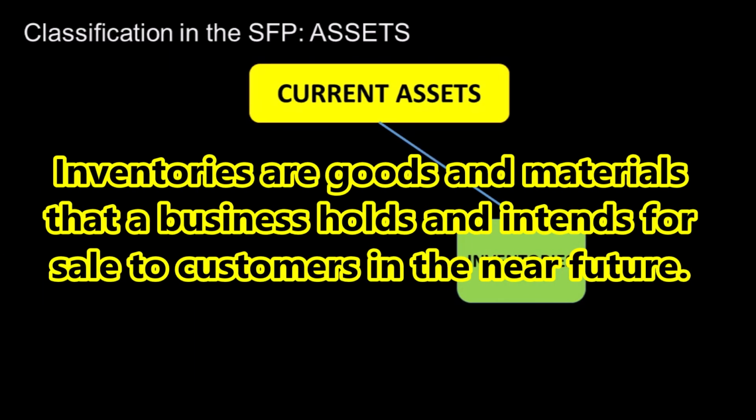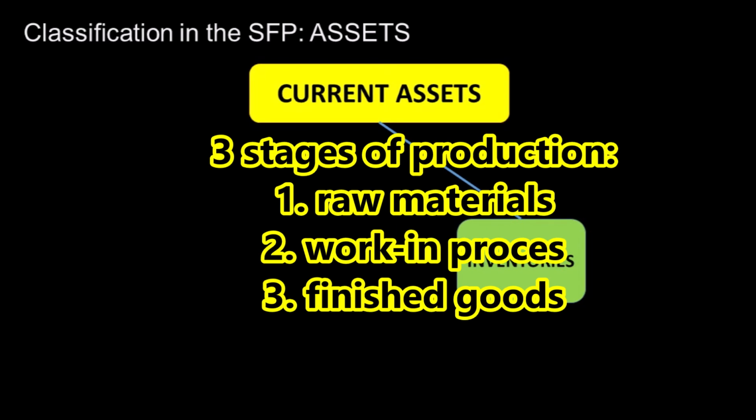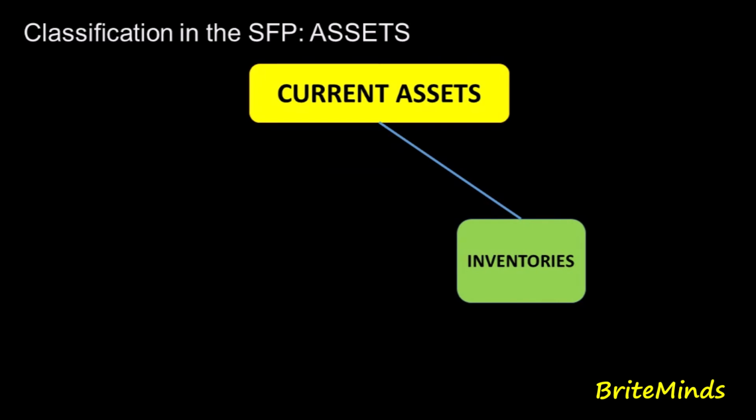Another asset account under current assets are the inventories. Inventories refers to the goods and materials that a business holds for sale to customers in the near future. So inventories are composed of raw materials, work in process, and the unsold finished goods. And also take note and remember, only merchandise held for sale are reported as inventory.